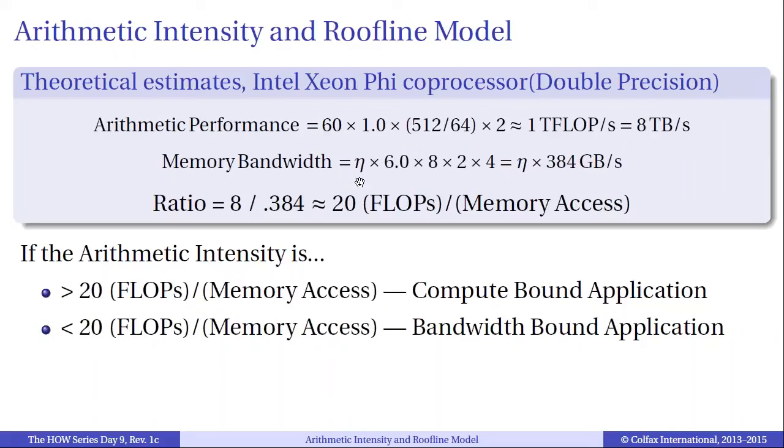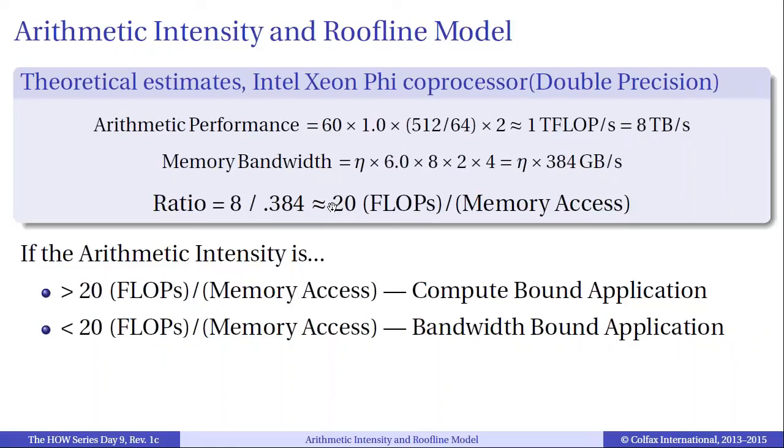The bandwidth of access to the onboard memory on Xeon Phi, the theoretical peak bandwidth, is 384 gigabytes per second, and only 50% of that is efficient. This is what this eta factor is for. So if we divide 8 terabytes per second by 0.3 terabytes per second, this is even the optimistic scenario, we get a ratio of 20.